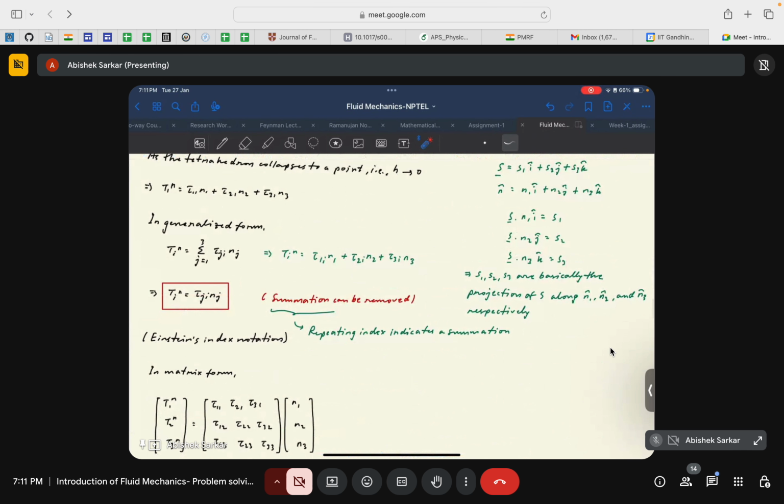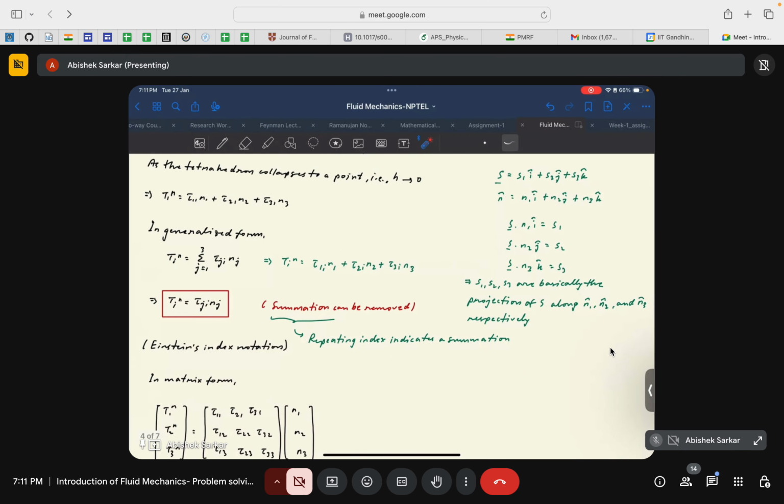So I think now you will be able to deduce the other stress components as well. So what we see here is that we can now replace this 1 with 2, then 3. It will give the components of the traction vector along the other coordinate directions, right?